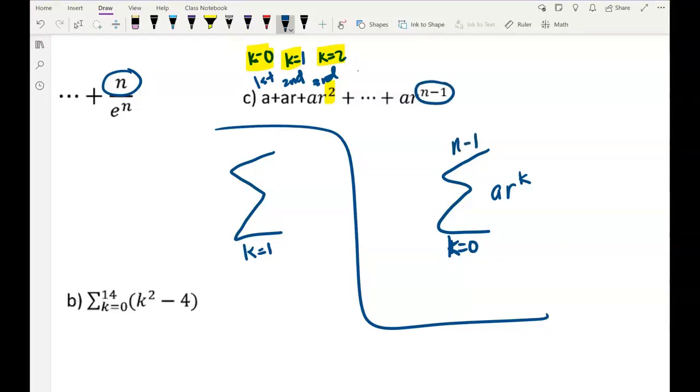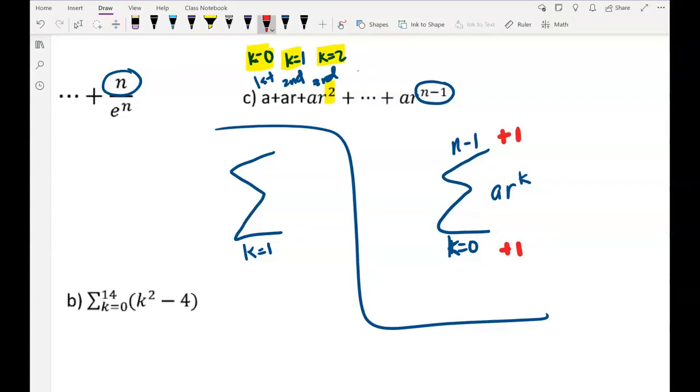Now what if we start at k equals 1 on the right side? Then you have to see, if I start at k equals 1, I'm going to add 1 here, right? That means I also want to add 1 to n there.